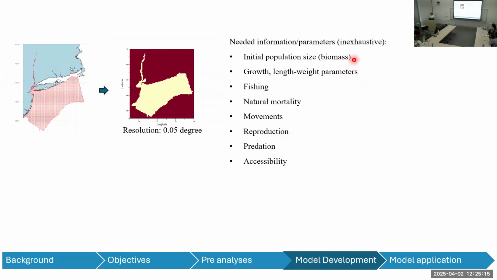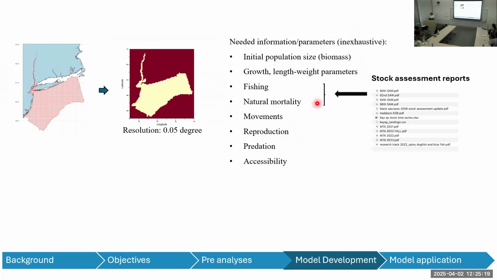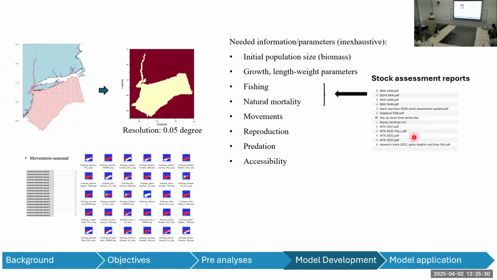We can get them from surveys, literature, authentic websites, etc. For parameters like fishing and natural mortality, we can collect them from fishery stock assessment reports, which are authentic reports for fishery management. And then we develop seasonal movement maps for all the species using biological surveys.